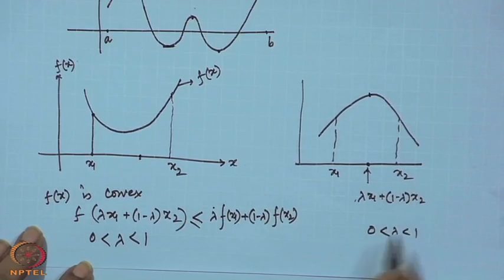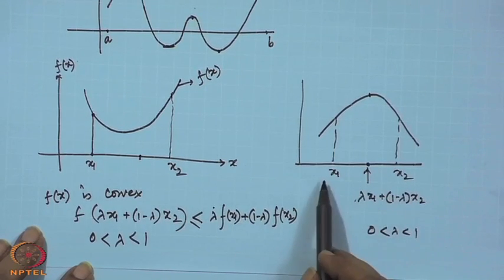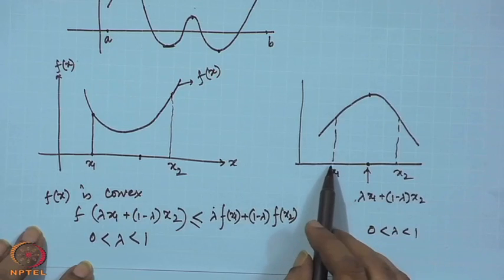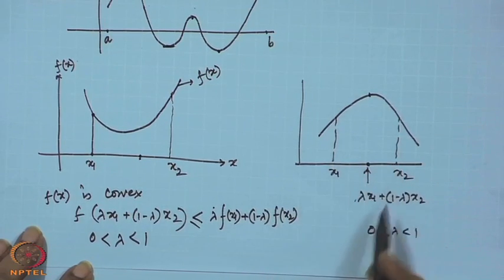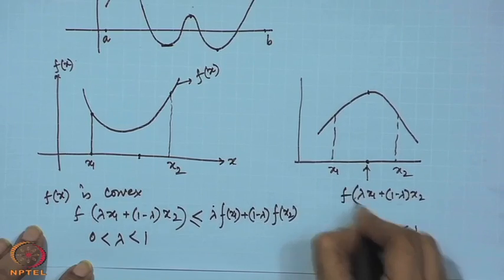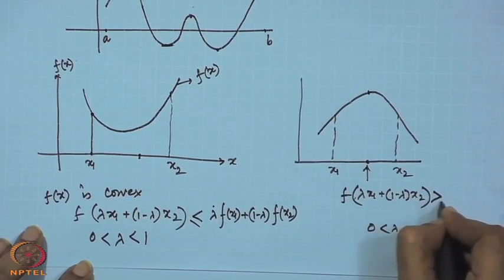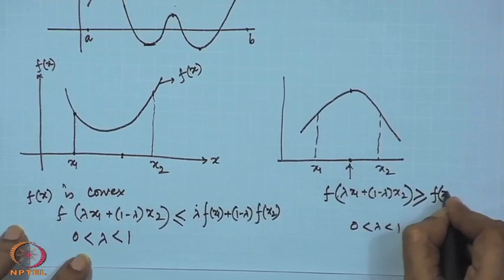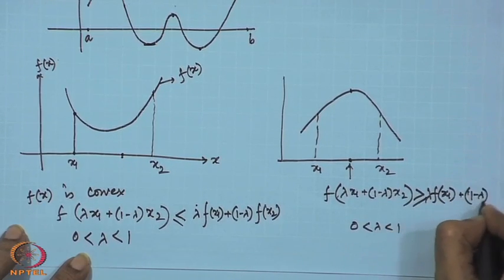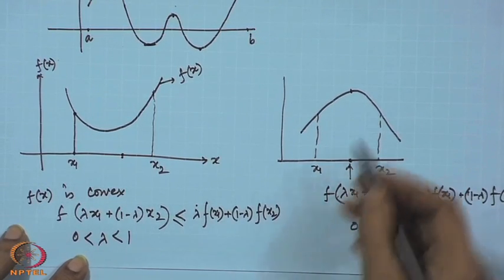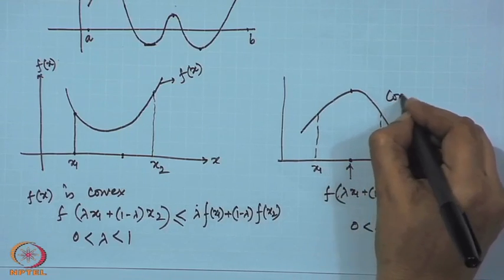If we put lambda equal to 1, we will get the point x1, and to get any point in between x1 and x2, we just vary the value of lambda from 0 to 1. If the function value is greater than or equal to lambda into f(x1) plus 1 minus lambda into f(x2), then the corresponding function is the concave function.